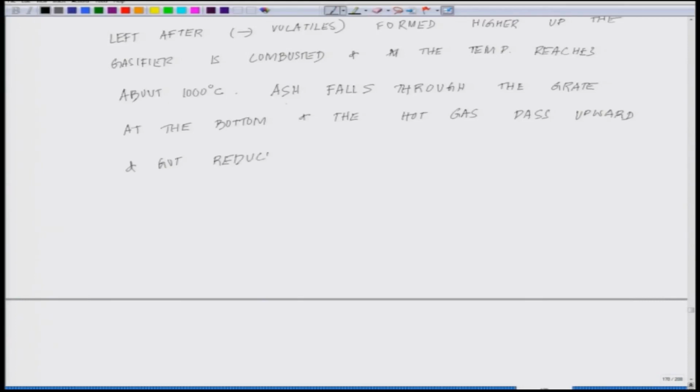This is what you have just now observed. Ash falls through the grate at the bottom and the hot gas passes upward and gets reduced.